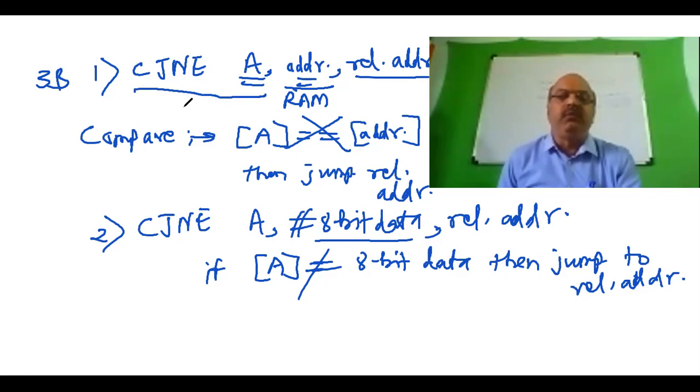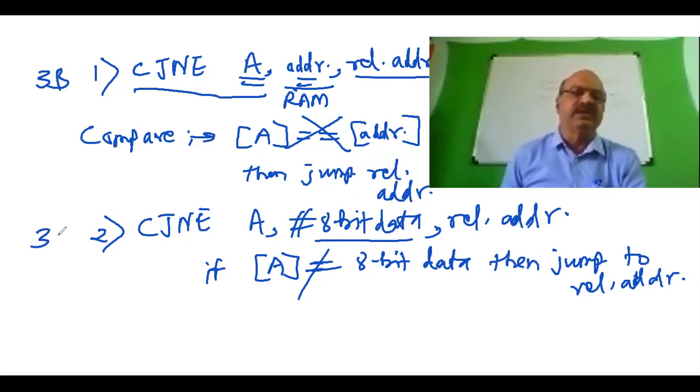This is also a 3-byte instruction: one for code, second for data, and third for the relative address. All the CJNE instructions are 3 bytes.